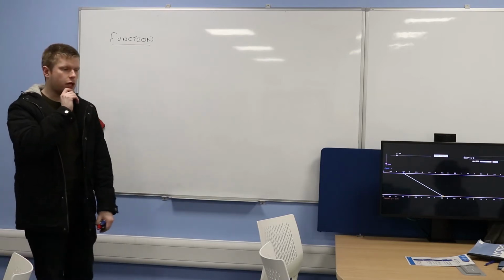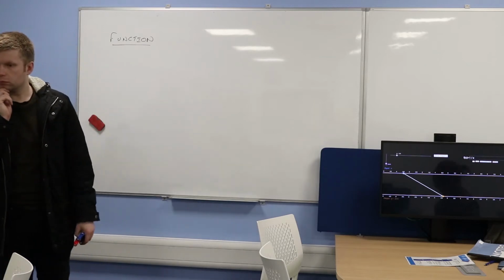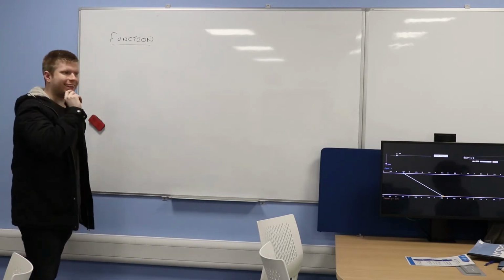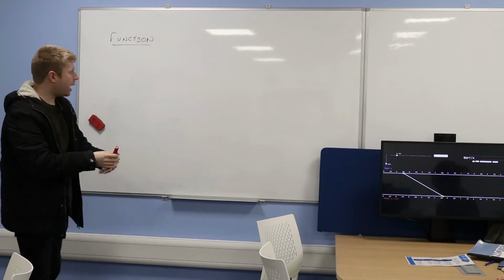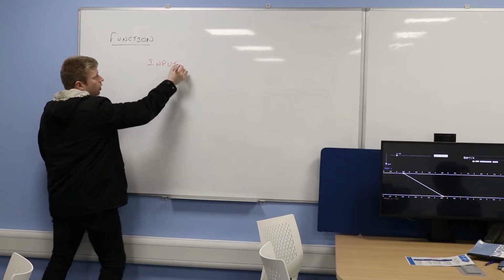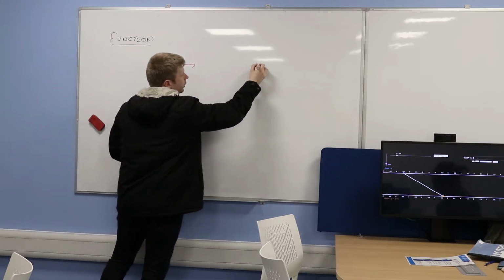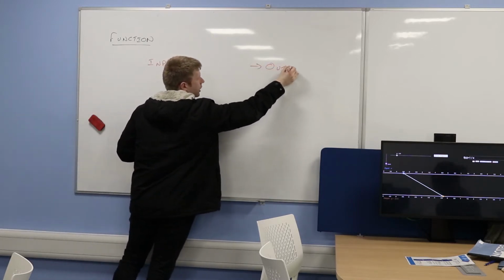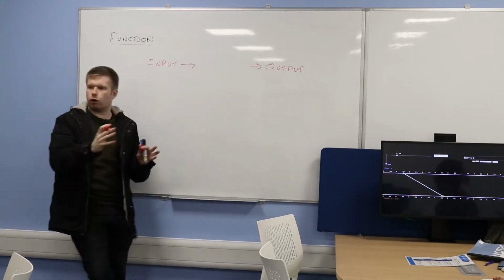Now, does anybody actually know what a function is? A form of something that takes input and output. Absolutely right. A function literally is a mapping from an input onto an output. That is all a function is.